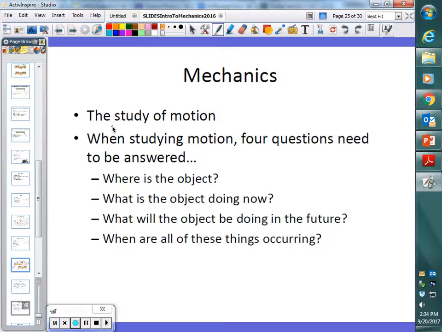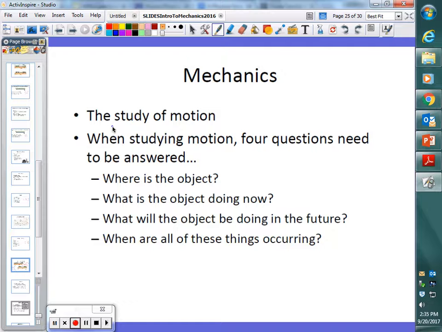Finally, right? Third question. What will the object be doing in the future? Okay? So, warning. The next term we're going to introduce is a term that you're familiar with. You've heard it before. You know what it means.